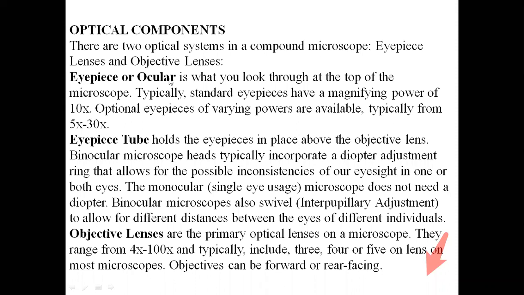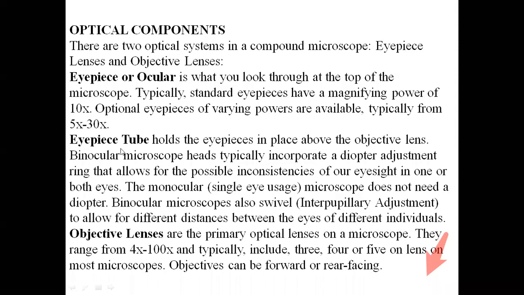The eyepiece is what you look through at the top of the microscope. Typically, standard eyepieces have a magnifying power of 10x or 5x. Optional eyepieces of varying powers are available, typically from 5x to 30x. So that is about your eyepiece.